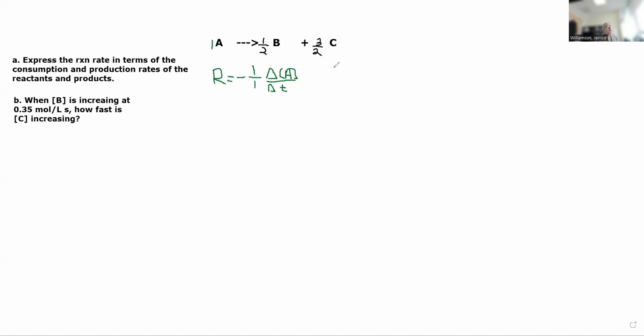The reaction rate in terms of the production rate of chemical B equals positive 1 over the coefficient.